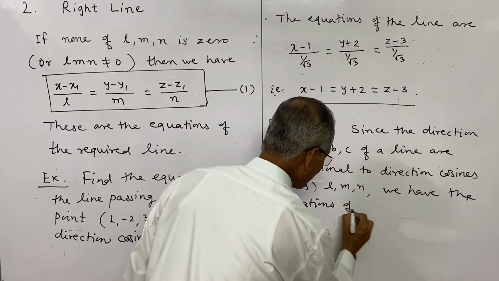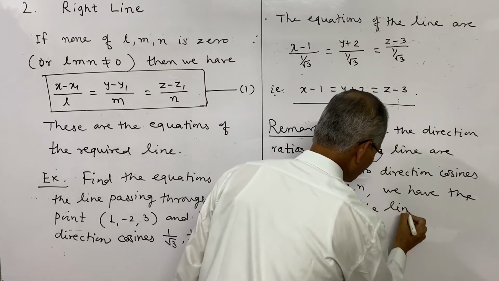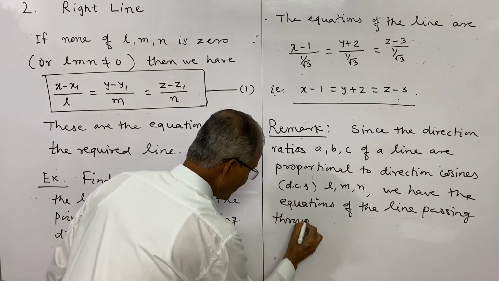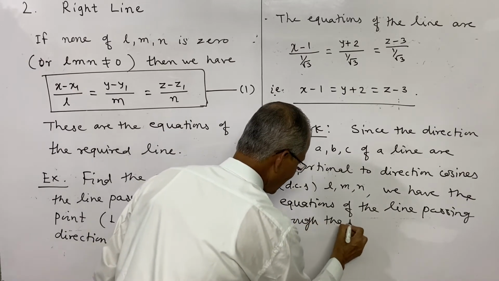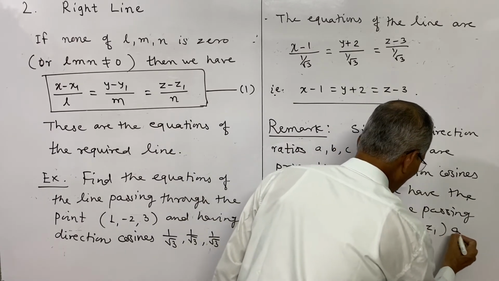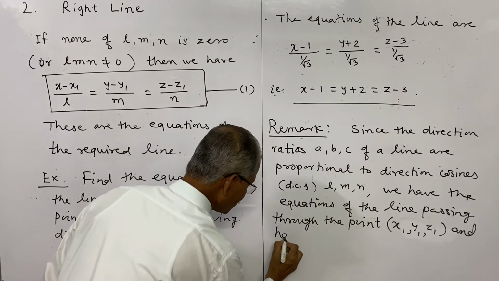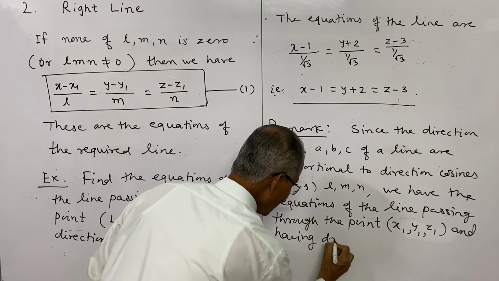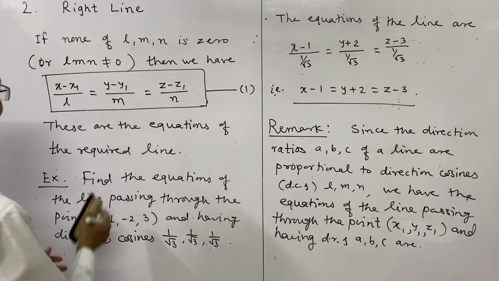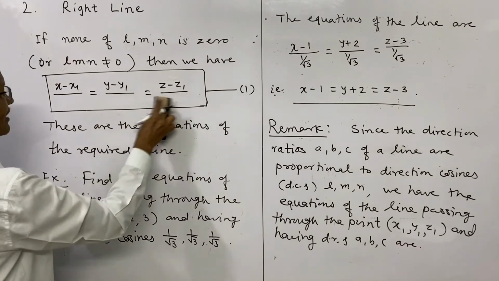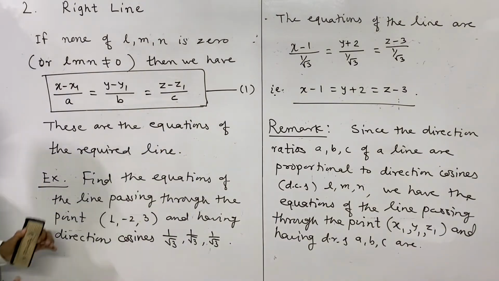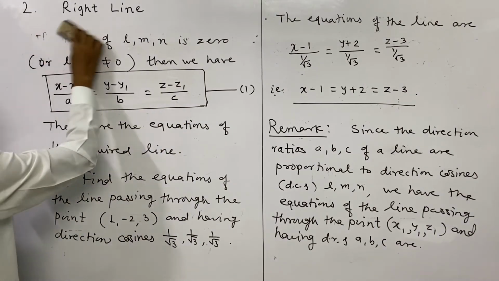The equations of the line passing through the point x1, y1, z1 and having DRs a, b, c are x minus x1 divided by a, y minus y1 divided by b, and z minus z1 divided by c.